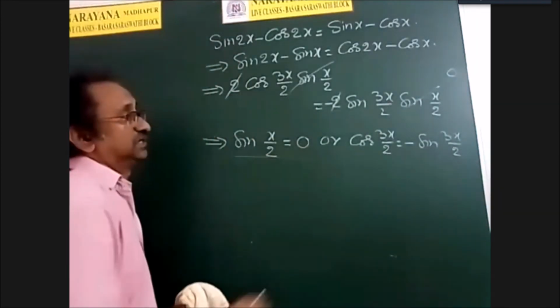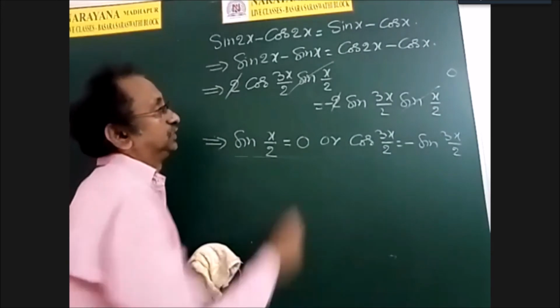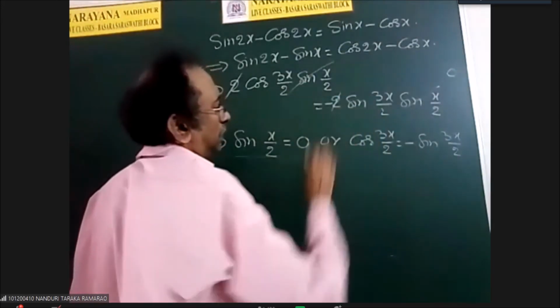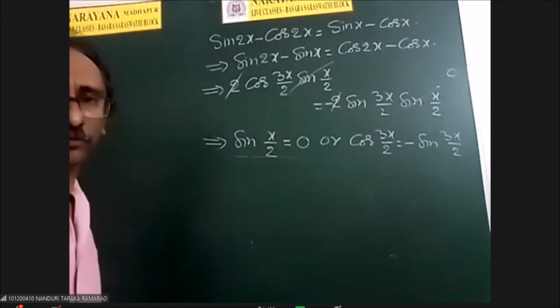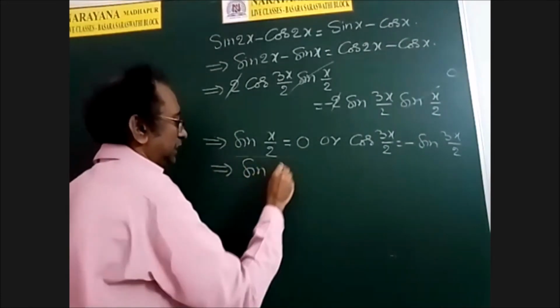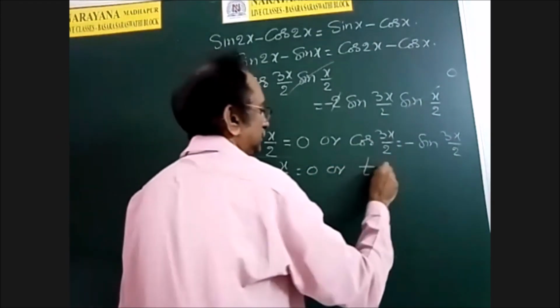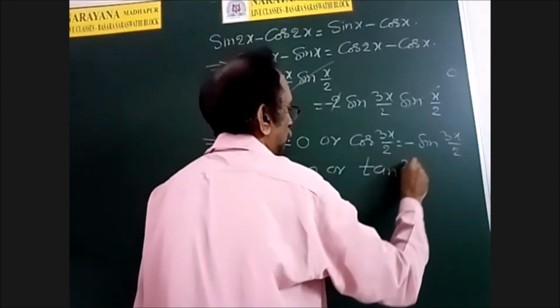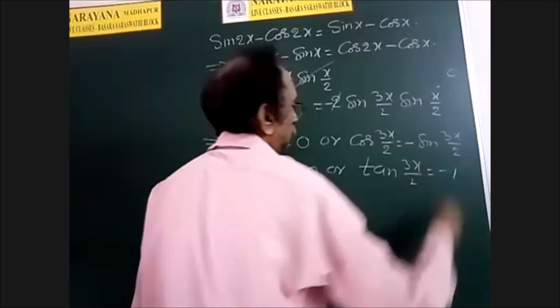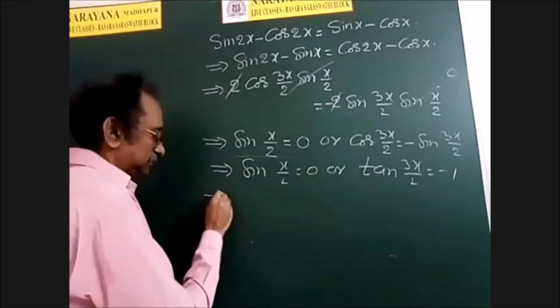Therefore, here also, first of all, either sin x by 2 is equal to 0 or the remaining one, cos 3x by 2 is equal to minus sin 3x by 2. That implies sin x by 2 is equal to 0 or tan 3x by 2 is equal to minus 1. And what is the general solution for this?